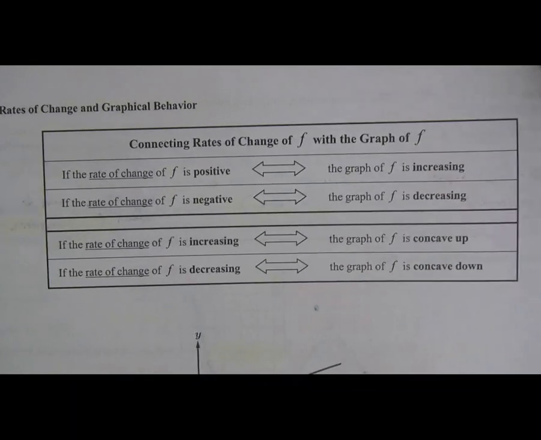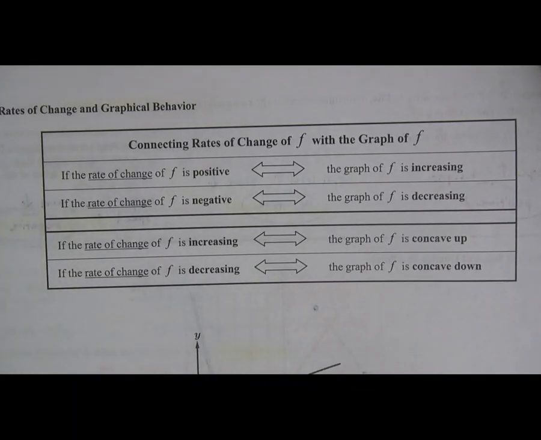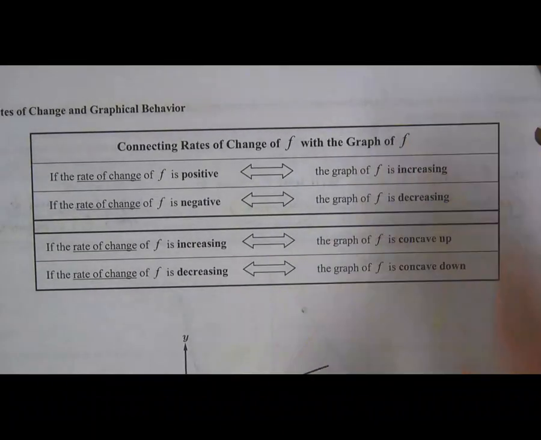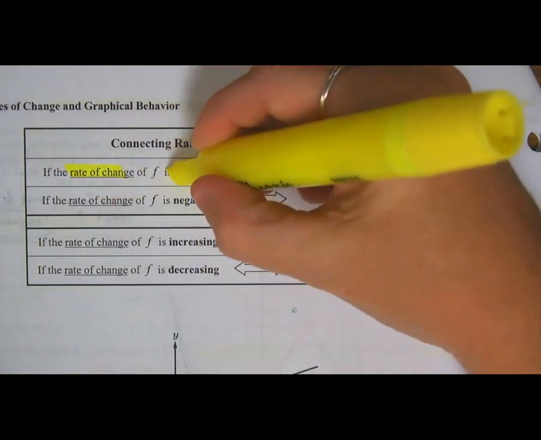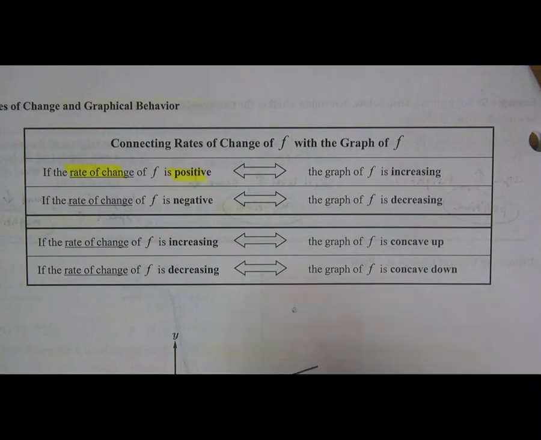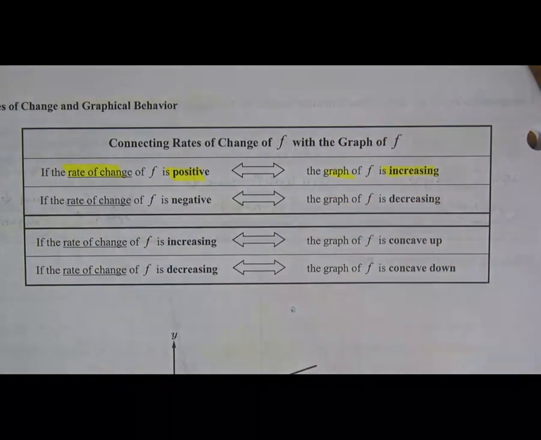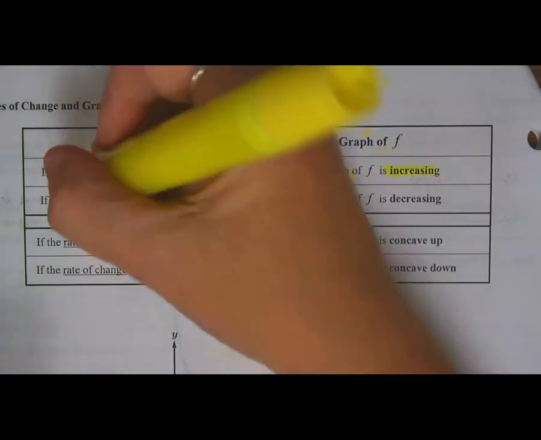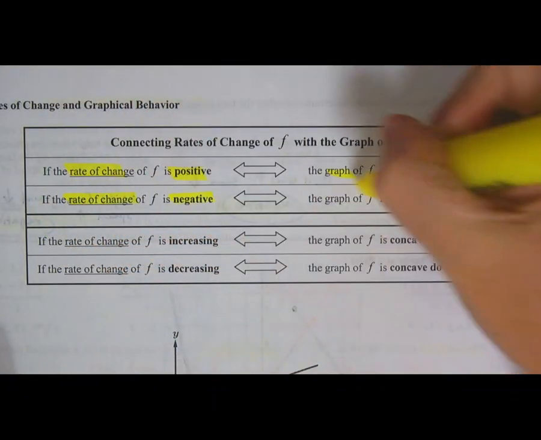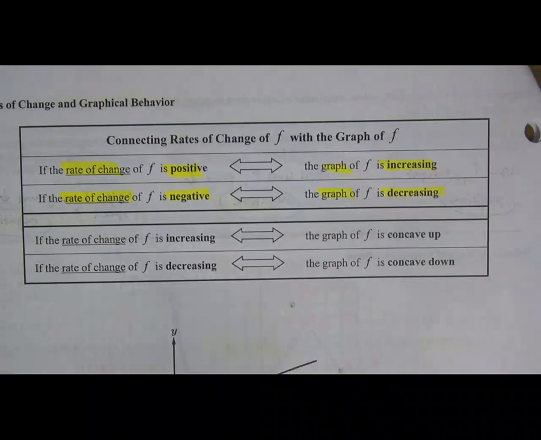This is what Addison was asking, or kind of how I answered Addison. There are two different ways that you have to think about this. If the slope is positive, the graph is increasing. I promise you aren't going to have any trouble with that. If the slope is negative, the graph is decreasing.